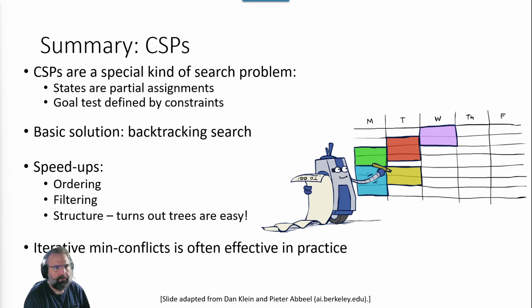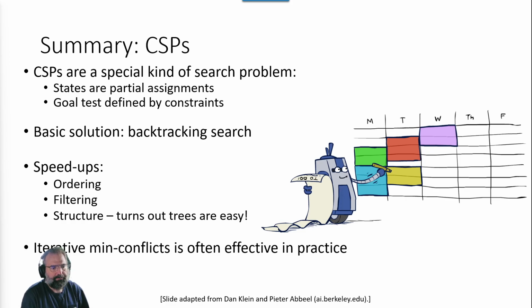So with that, we've talked a good bit about CSPs. Special kind of search problem. States are partially assigned. The goal test is defined by the constraints. So did you succeed or not is determined by the constraints being satisfied. There's basic approaches, backtracking searches.